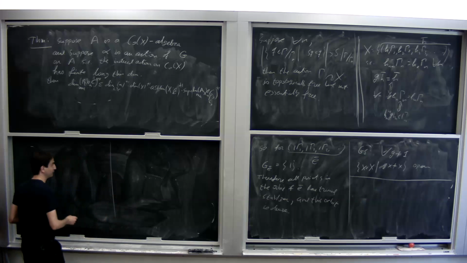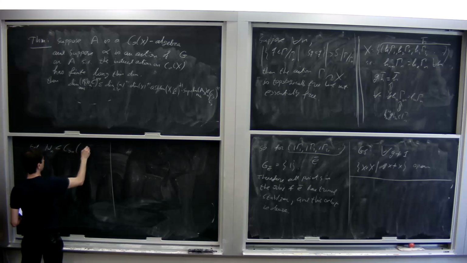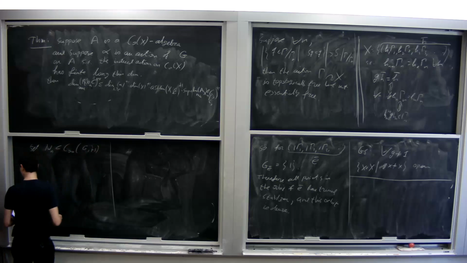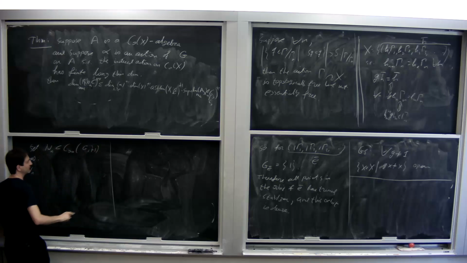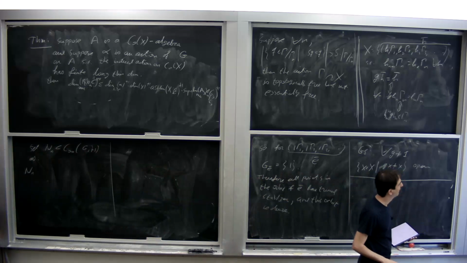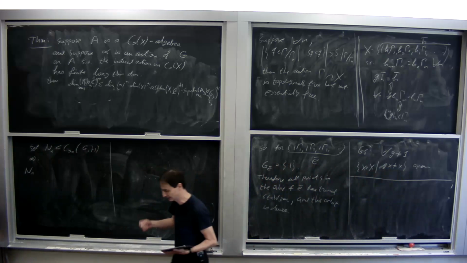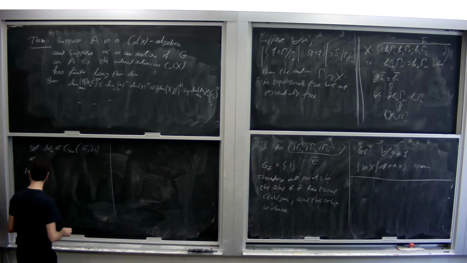So now what we do is we have to look at the set, we'll call it N sub n, in C00 of G, H as follows. H is any finite abelian group. We could do that for residually finite abelian, but I don't want to bother. We have to change something for that, and it's not interesting enough.